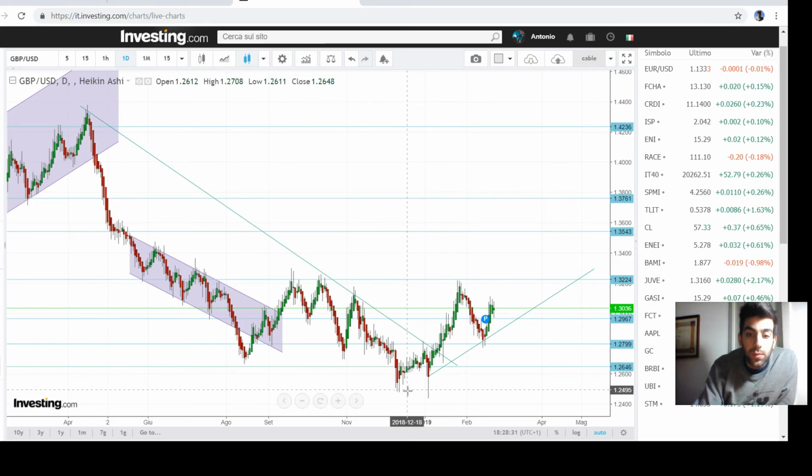So this is for a correct use of the trend line, but of course, I know this is a very tricky tool, and it's very complicated, also because many people sometimes ask me, so how do you draw a trend line? What are your rules? What are the universal rules to draw a trend line? There is no universal rule, so you can draw a trend line however you like it.